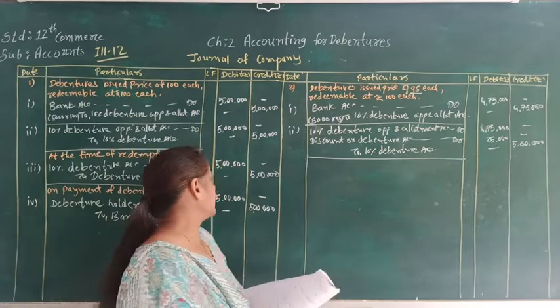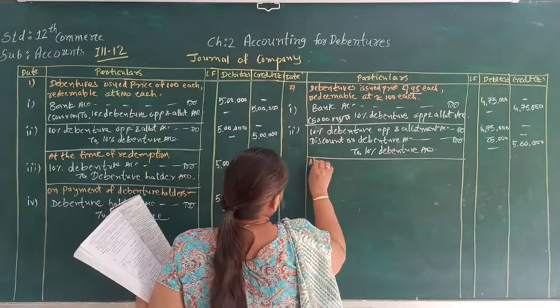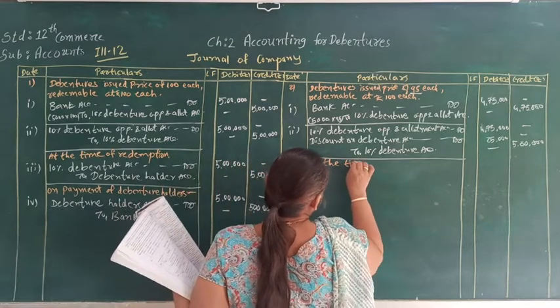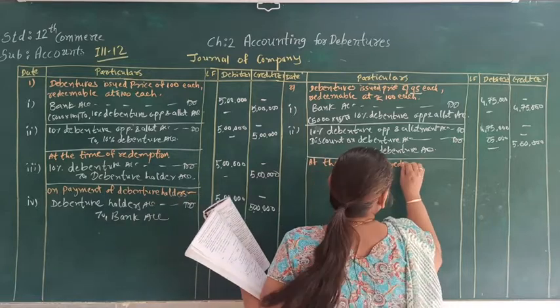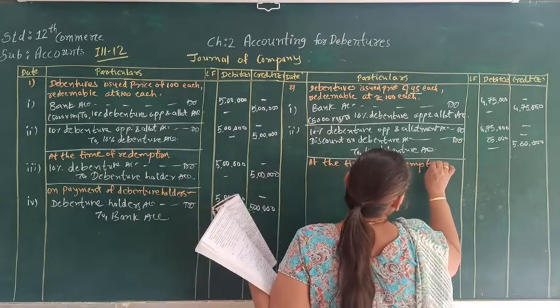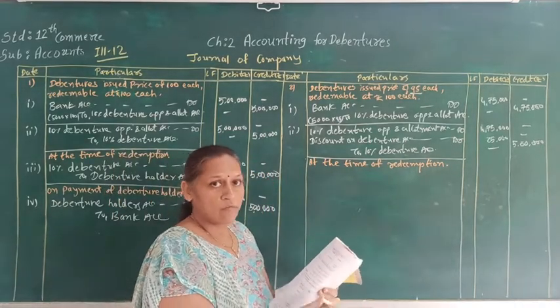Now the third journal entry that we are going to pass is at the time of redemption of debenture. As we are redeeming the same debenture at par, we will pay 5 lakh rupees.